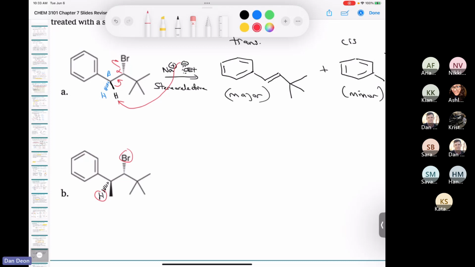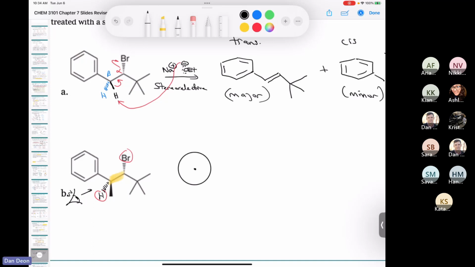All right. So here's what we're going to do: draw the Newman projection. Let's draw what we see when we look down this carbon-carbon bond. I'm going to do my best here. We have our carbon in the front and our carbon in the back.